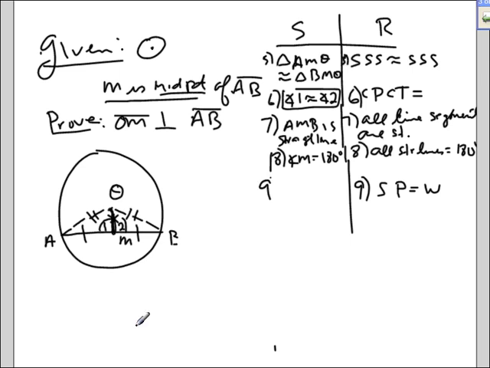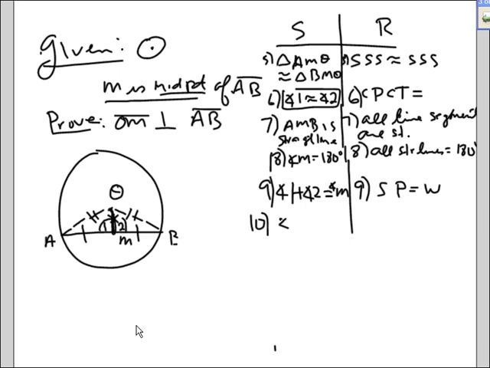Okay, for some reason this didn't come out. Angle 1 plus angle 2 is angle M. Right. But angle 1 is angle 2. I should be saying the measure of angle 1.